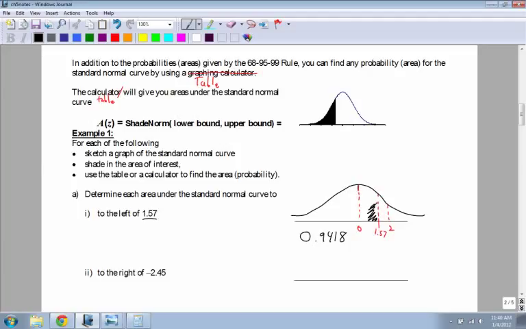So it's going to give me all the area to the left, underneath the entire curve. And that area represents 0.9418, or we could write that as 94.18% of all my data. So the Z table gives you the decimal. If you needed to convert it to a percent, you would just convert it to a percent.